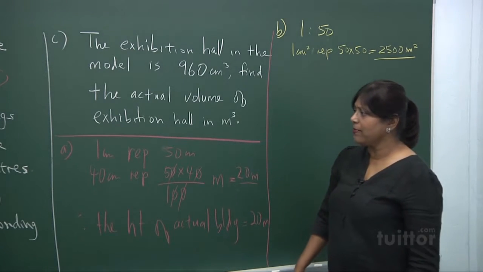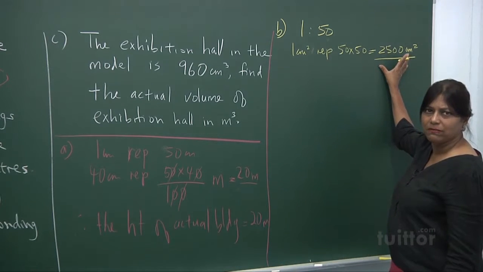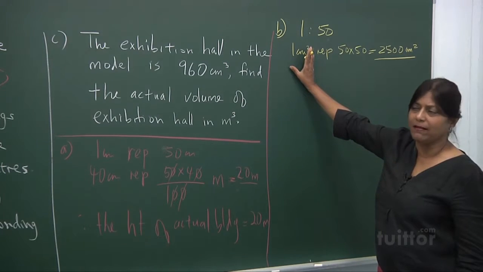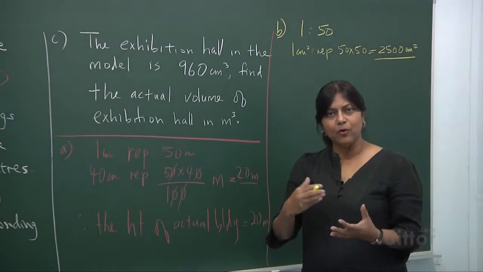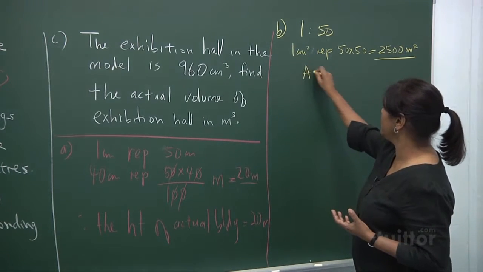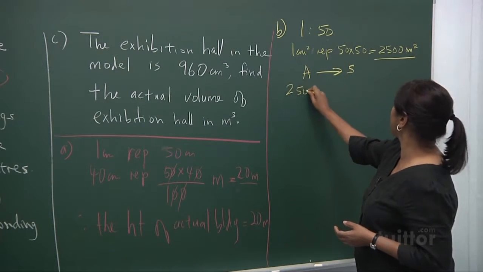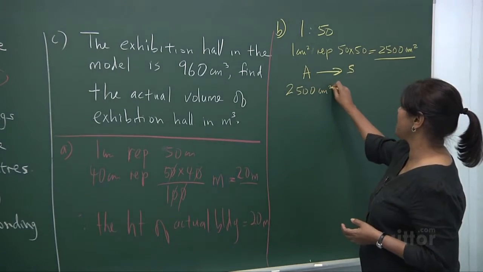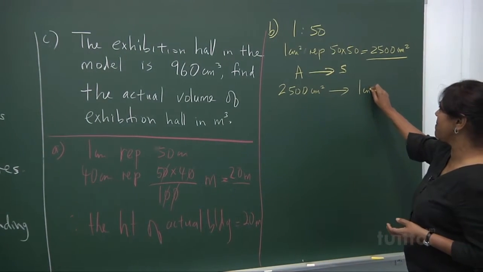Now the floor area here, this is the actual. What you're given is the actual, and you want to go to the scale. So we say 2,500 cm squared is represented by 1 cm squared.